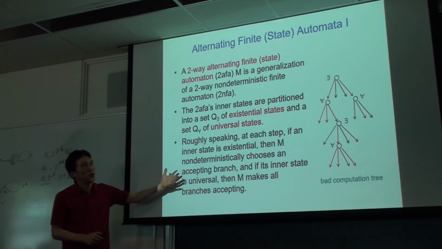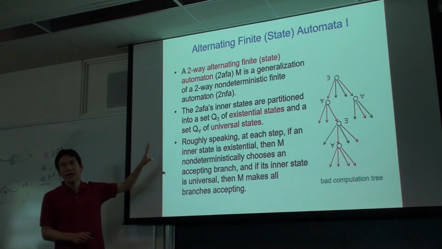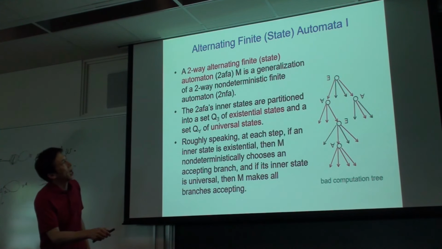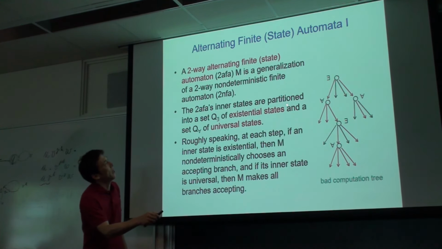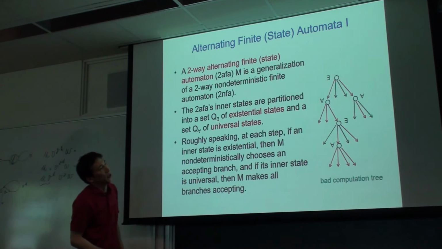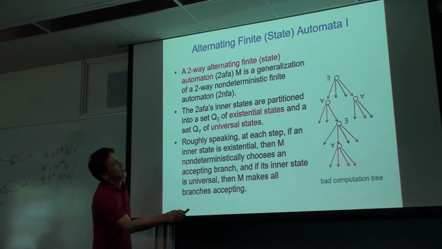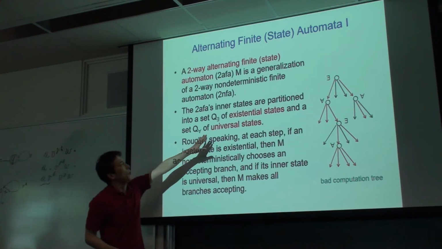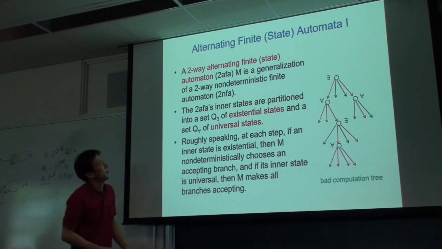Now, I'm going to introduce the alternating finite state automata. Alternating finite state automata have an existential state and a universal state. The existential state is more like the non-deterministic finite automata, but their inner states are partitioned into those 2 kinds of states.